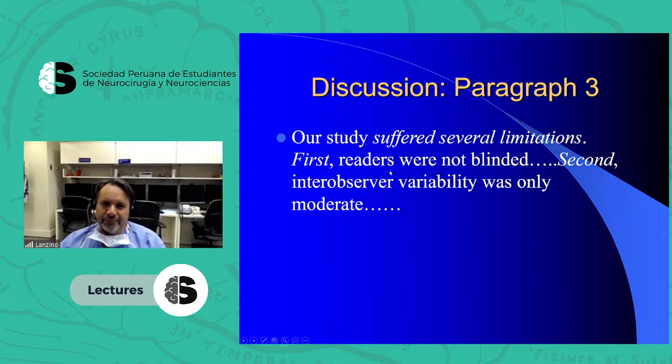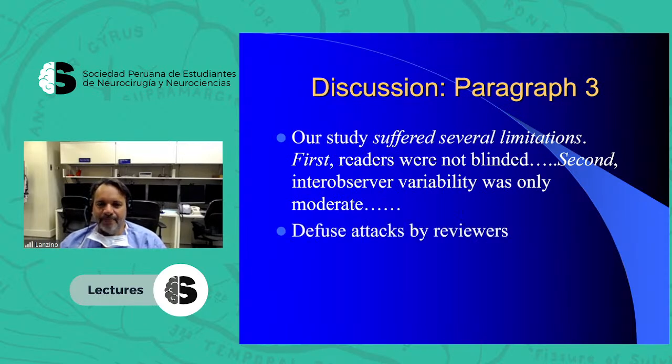We have mentioned this limitation among the limitations of the study, basically telling the reviewer, yes, we are aware, unfortunately, it's a limitation of our study.